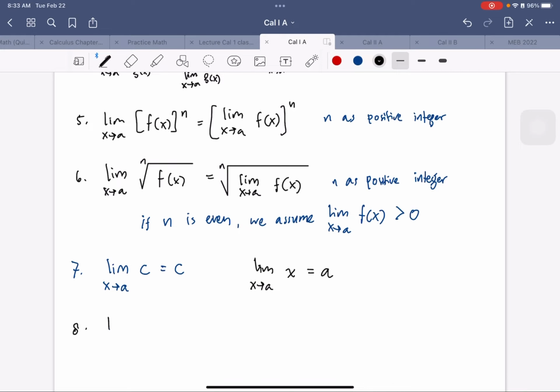So the other property is if we have x with power of n, and because of the previous property, we can write this as a to the power of n, where n is a positive integer.